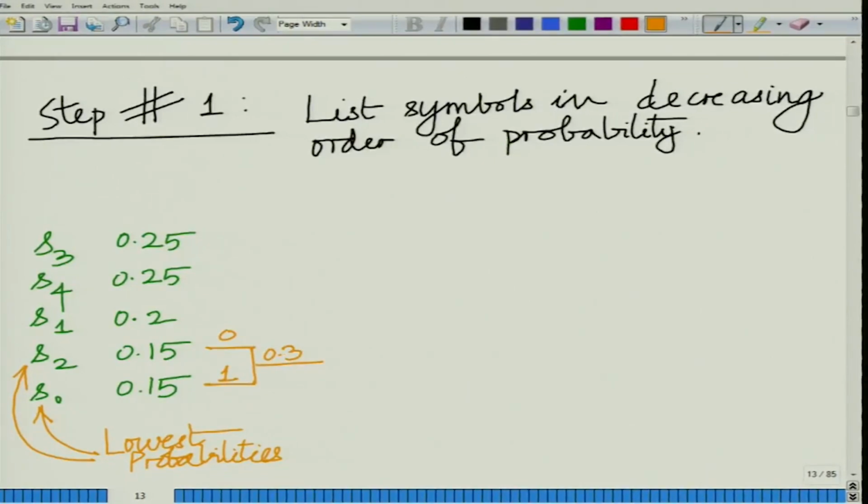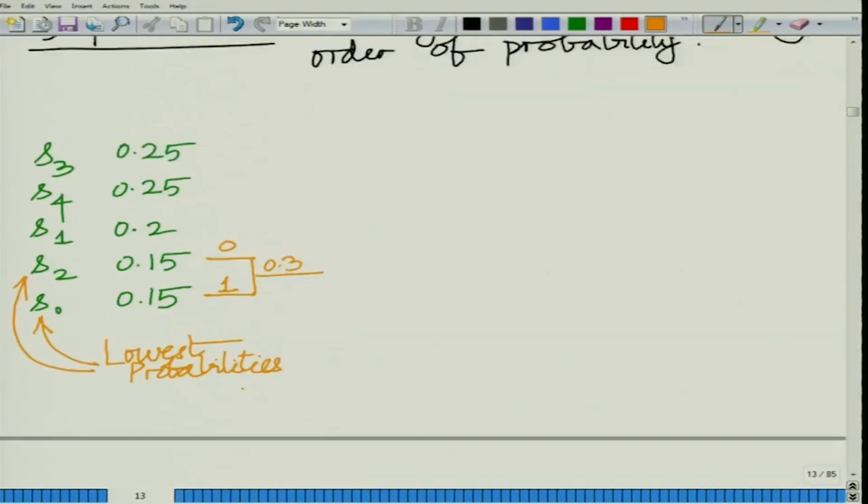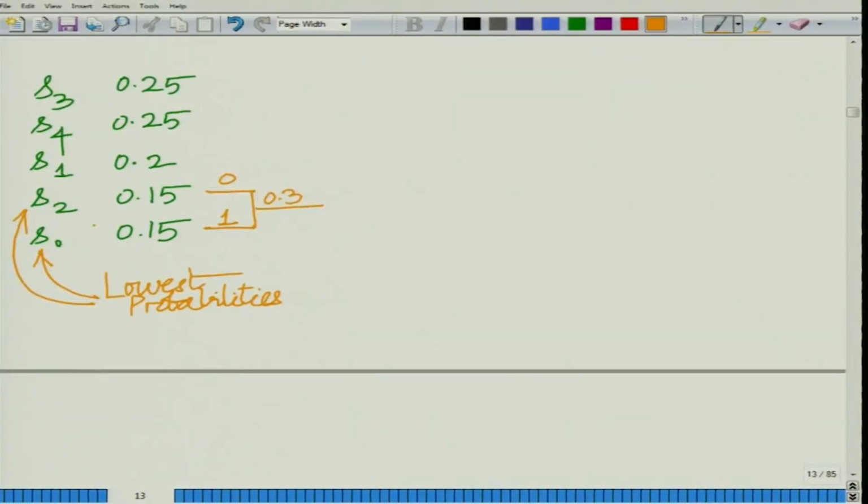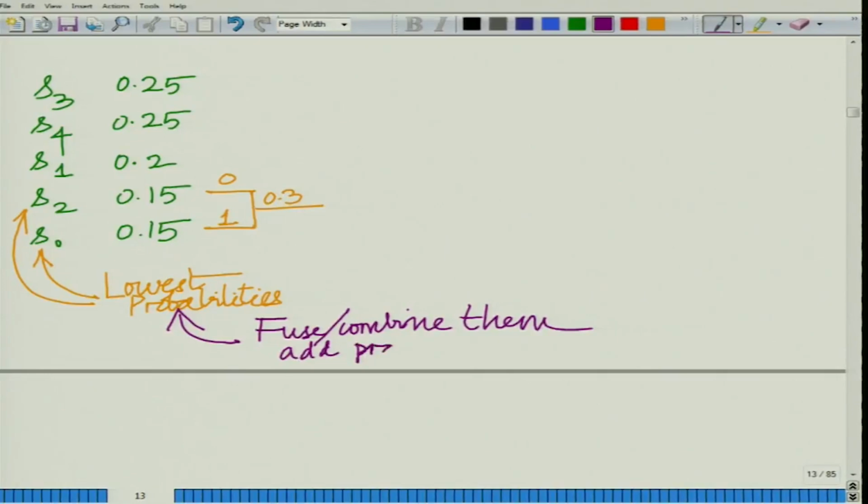Okay, so we fuse or combine these two symbols and add their probabilities.